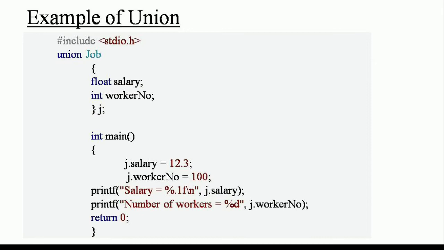Then int main, j.salary = 12.3, j.worker_number = 100. printf("salary = %.1f\n", j.salary); printf("number of workers = %d", j.worker_number); return 0; curly braces closed.